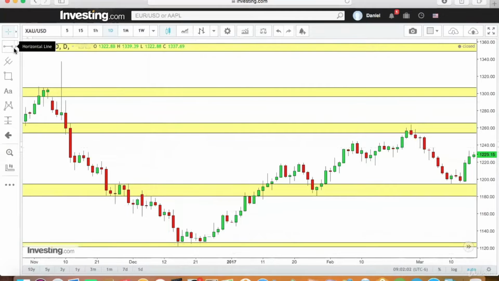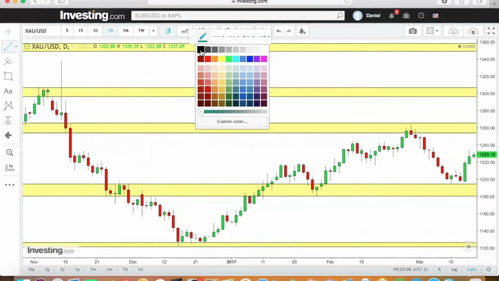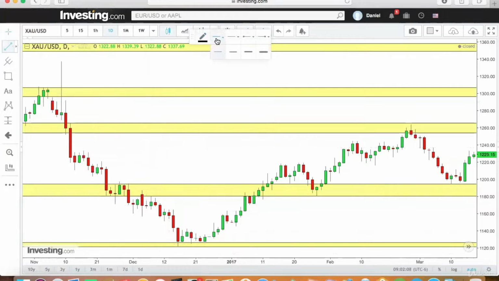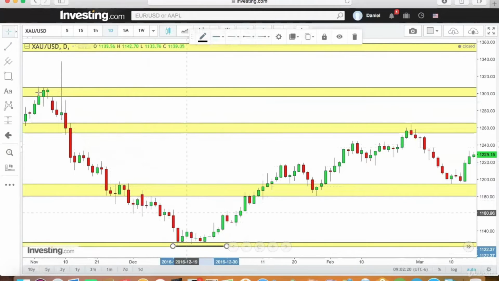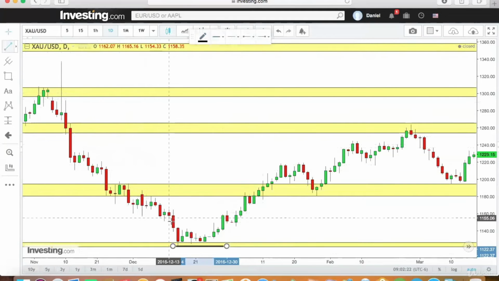So you want to get your trend line tool in order to make dynamic support and resistance lines at this level. And what you want to do is catch the low of this wick, and we'll pretend that this trade has already built this channel here.